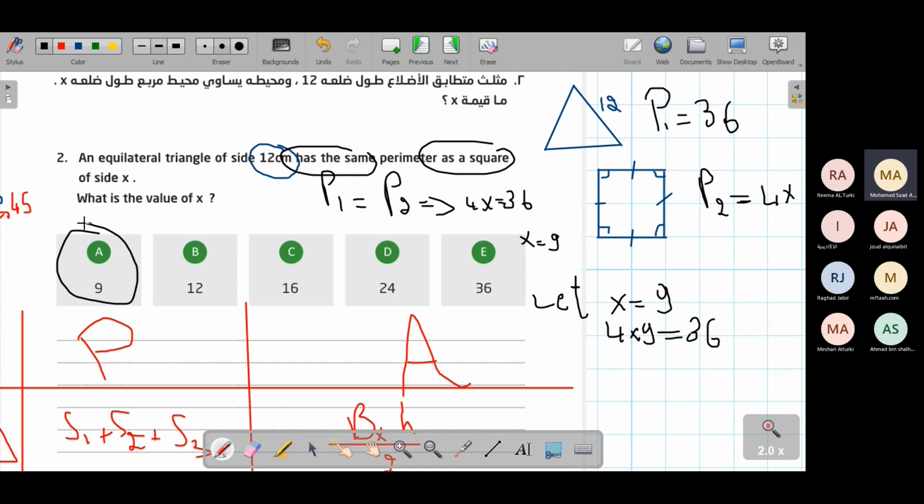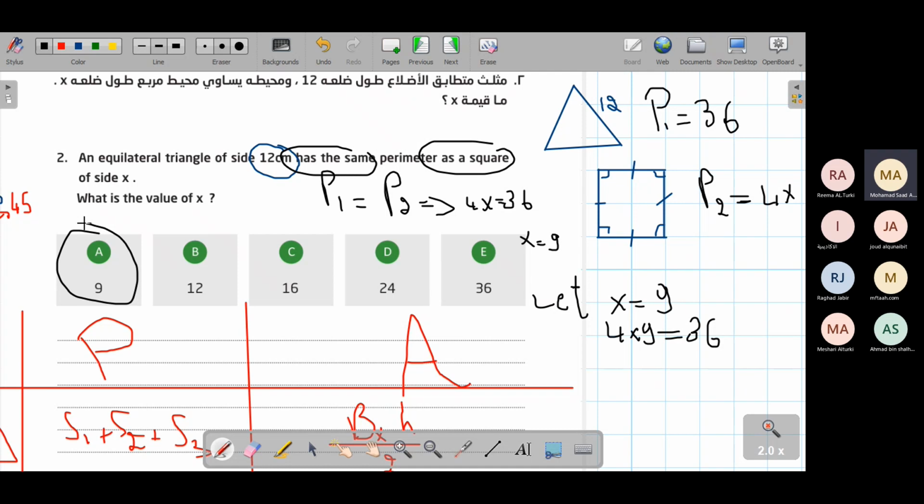Now if, for example, Yahya, if Jude, it's not the right answer A, we will move to B, then to C, then pay attention here. If A is not the right answer, you will move to B, then to C, then to D. But if D is not the right answer, I will not verify the answer for E, because definitely E will be the right answer, because from the given one of the 5 multiple choices is the right answer.